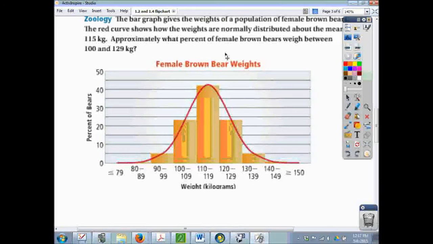Take 30 seconds, talk about it with the person next to you. 30 seconds, go. What percent weigh less than 120?